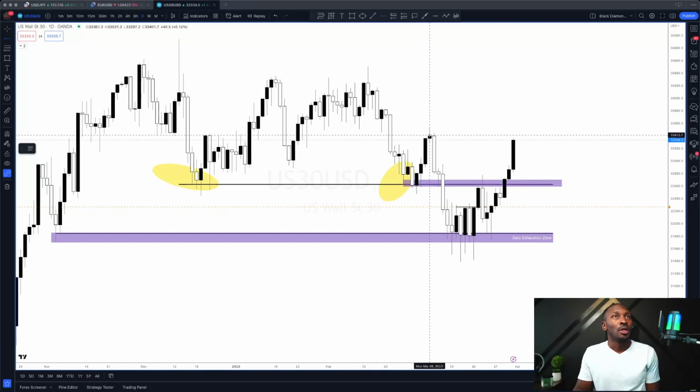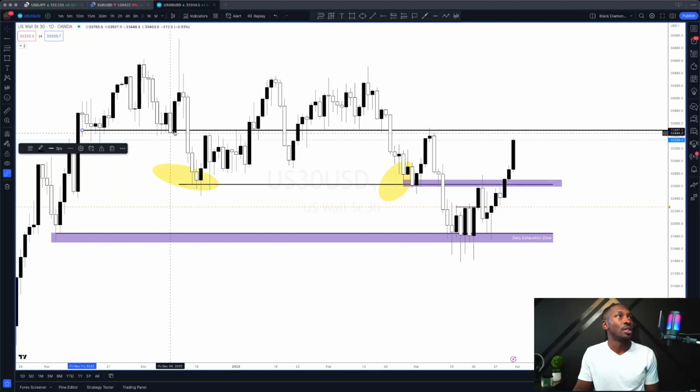So the next area I can expect it to come to is right about here. To be honest, I'd say about 335-ish, I would say. And that's just based off of previous price, right? If you look over here to see where price rejected previously multiple times, you'll see 1, 2, break, right?